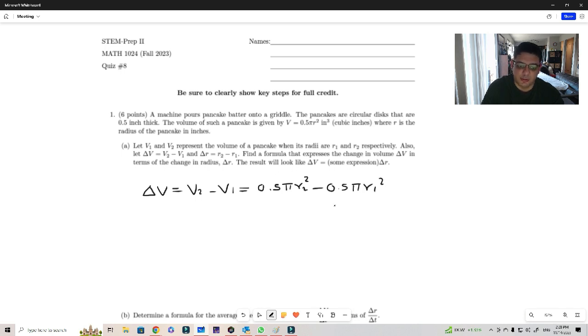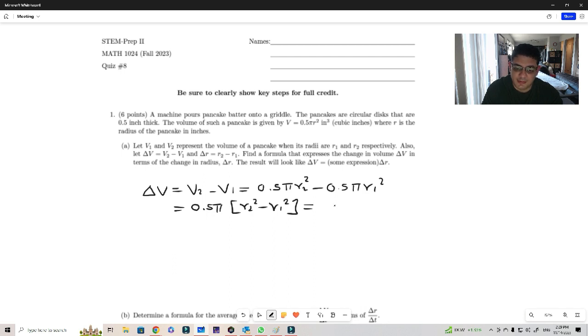Some of you got to this point, but then what you need to do is find a way of obtaining R2 minus R1 so you can obtain the delta R. So what you need to do here is factor out the common numbers. First, 0.5 pi, and this gives me R2 squared minus R1 squared.